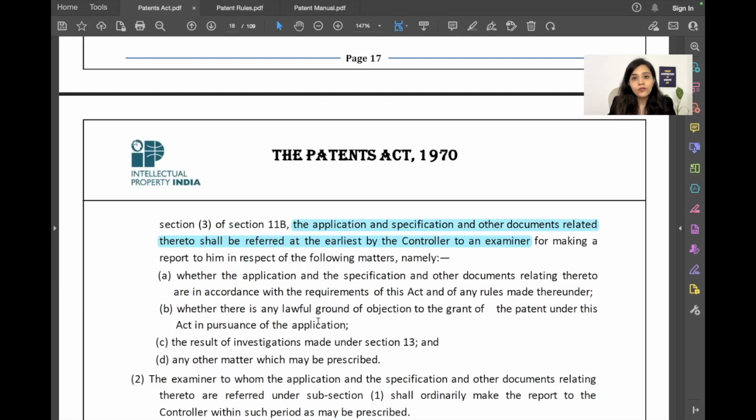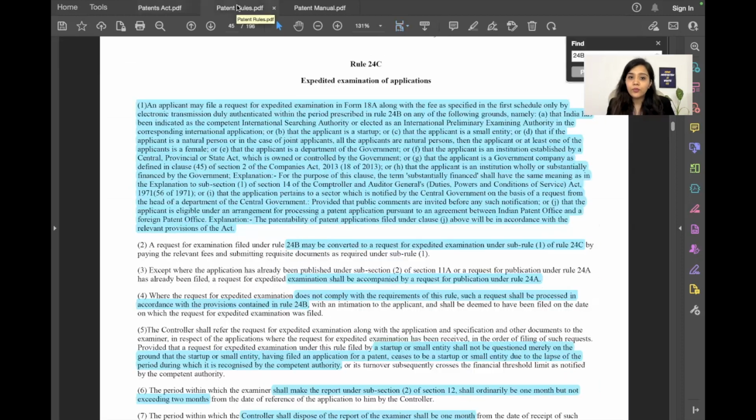The examiner will prepare the examination report. That report will go back to the controller. The controller will review that report and then send it to the applicant. So that is the process which happens at the patent office. And now in rules, we have the provision that once it goes to the applicant, then within 6 months we need to file a reply.